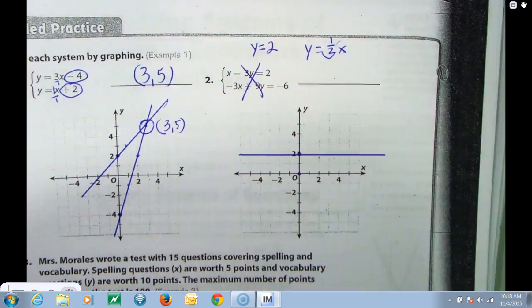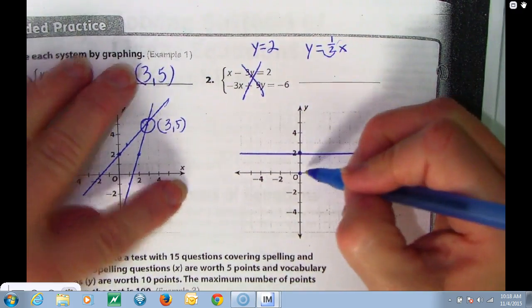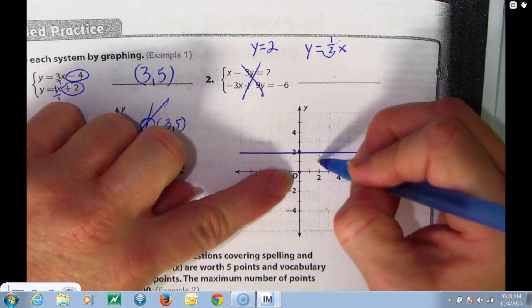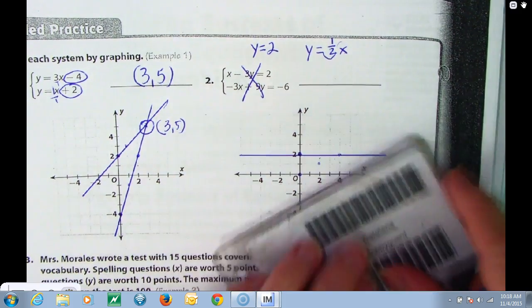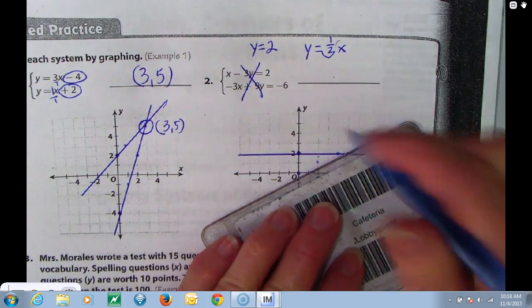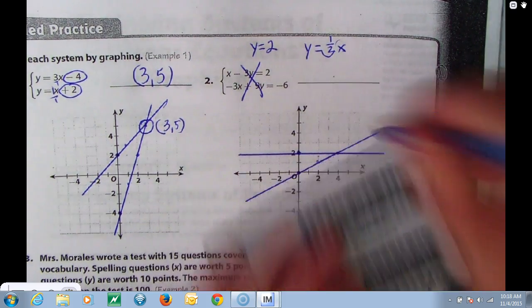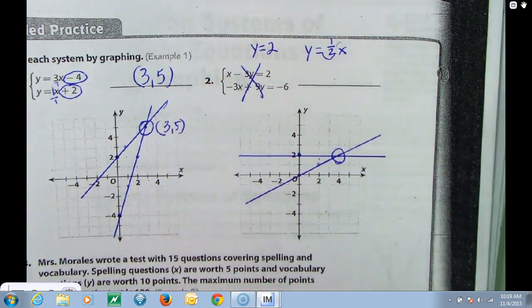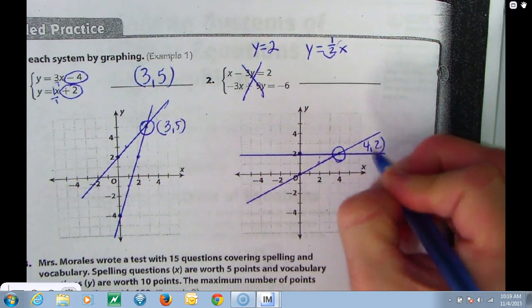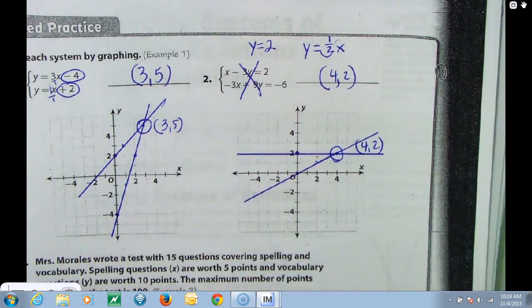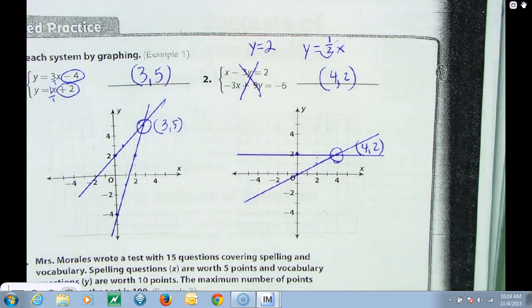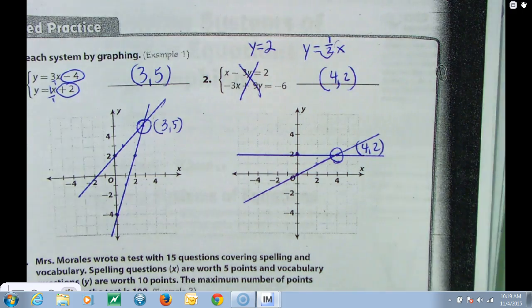I'm going to go over 2, up 1. Over 2, up 1. That's going to be 4, 2. Is the solution. We knew y had to be 2.